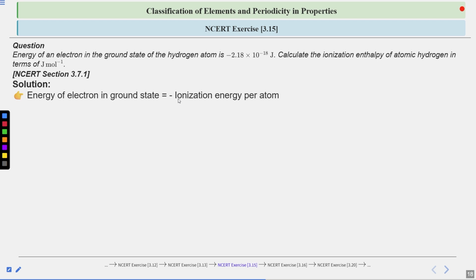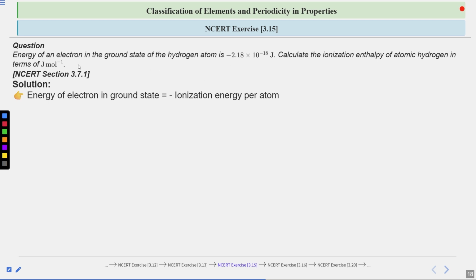Your proton is attracting the electron, and as a result it has an energy of minus 2.18 into 10 to the power minus 18. Since this energy is negative, your electron is stabilized by this much energy. Now to remove the electron, you have to apply the opposite energy, and hence we have put a negative sign.